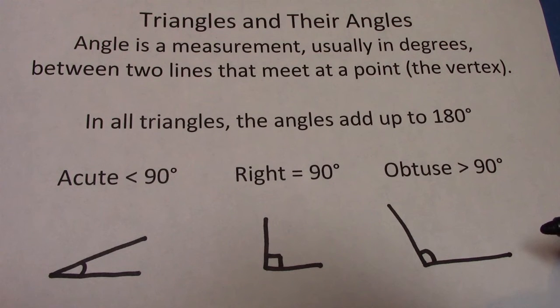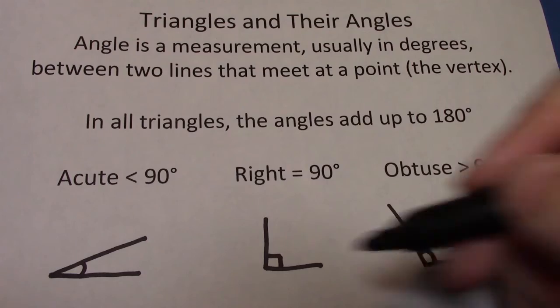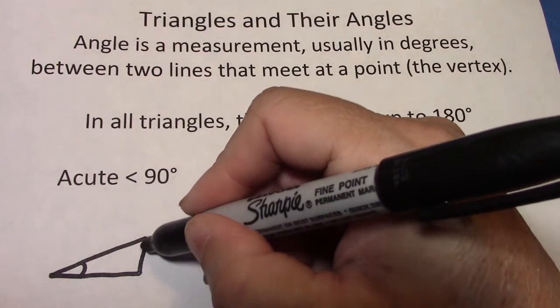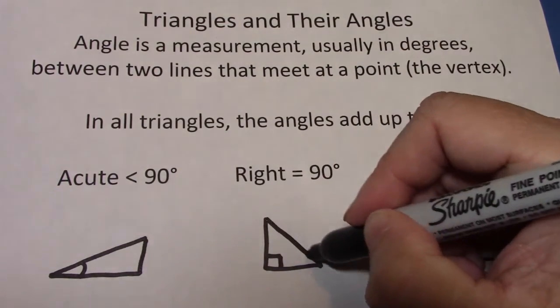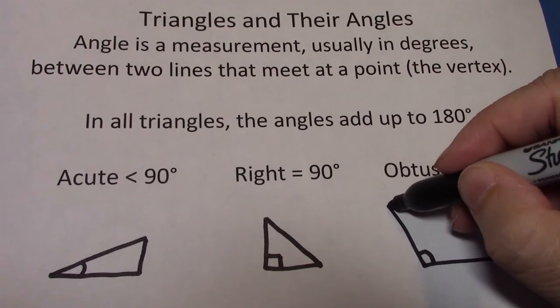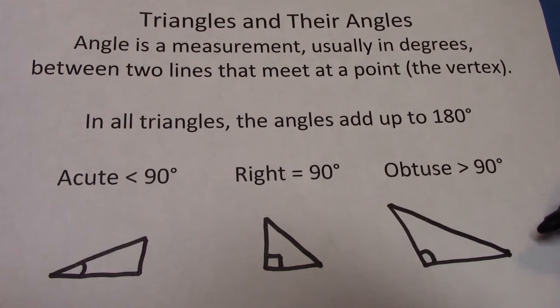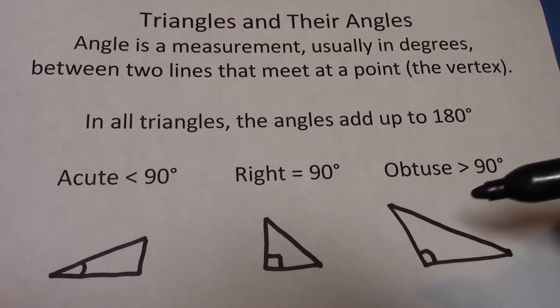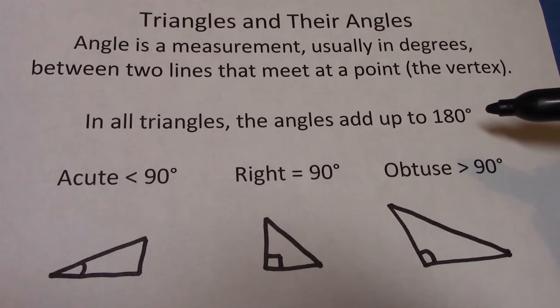So when triangles are described based on their angles, they're called either acute triangles, right triangles, or obtuse triangles. So an acute triangle, a right triangle, and an obtuse triangle. In a triangle, the measure of all the angles added together adds up to 180 degrees.